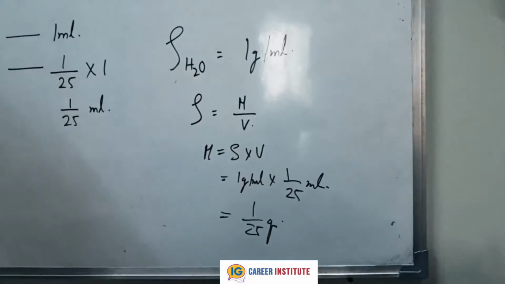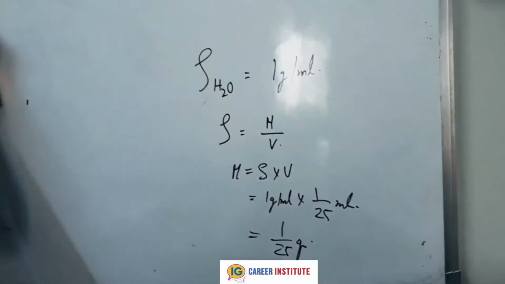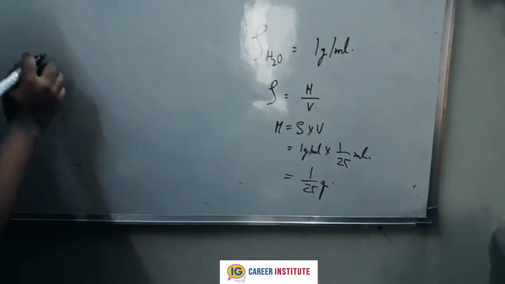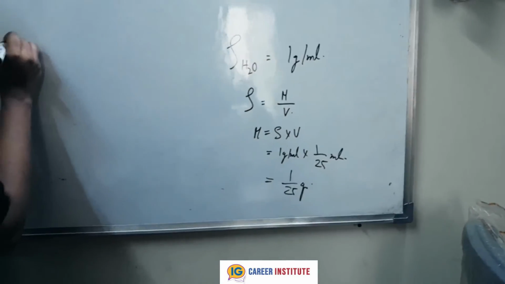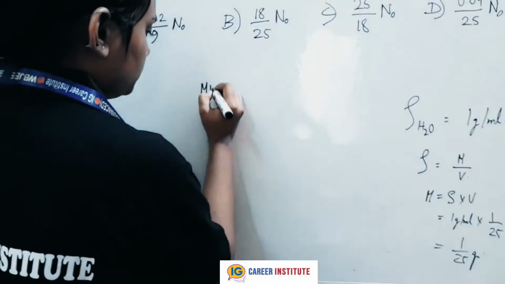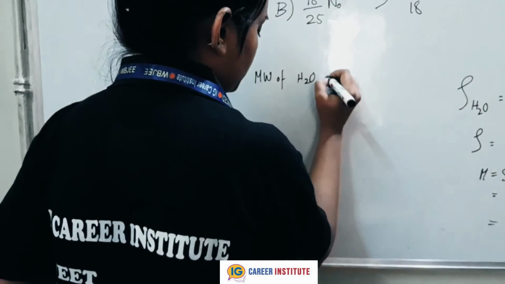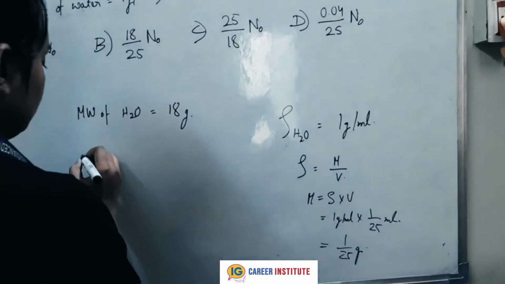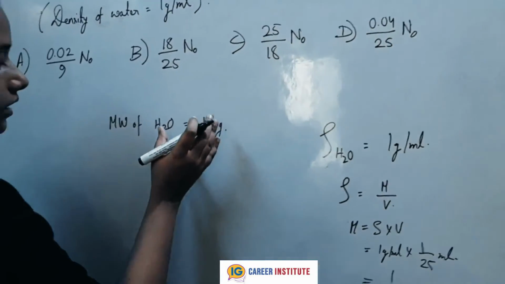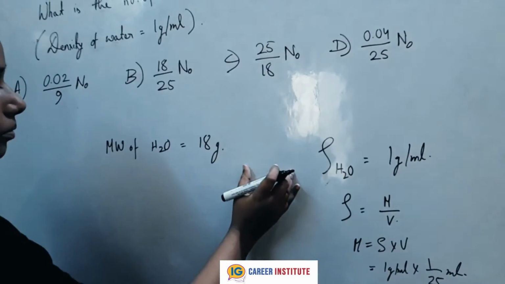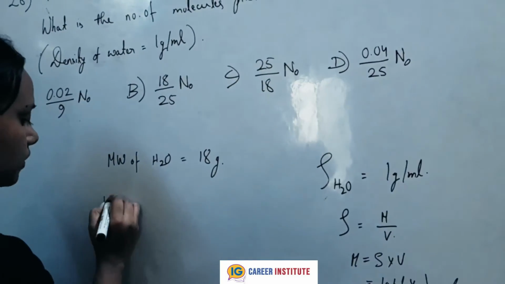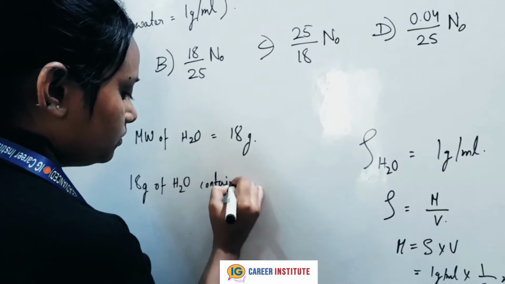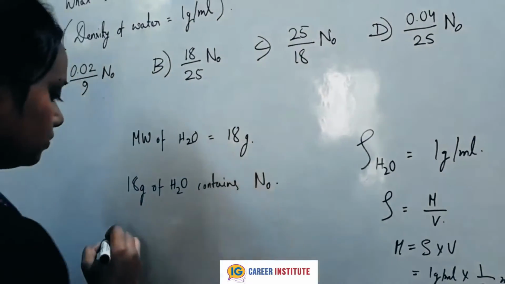Let me rub this space. Let's come up here where we have calculated the mass to be 1 by 25 gram. Now we know that the molecular weight of water is 18 gram. The molar mass contains Avogadro's number of molecules, so 18 gram of water contains Avogadro's number of molecules.